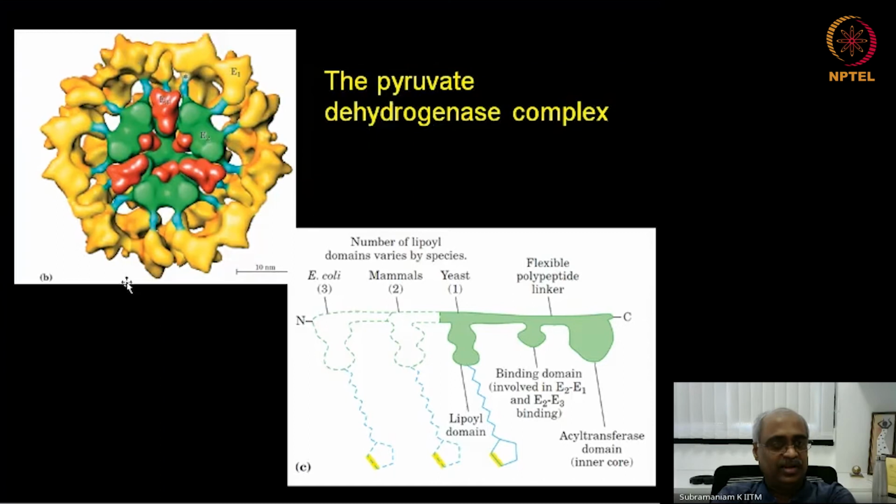One is in the outer, that is the pyruvate dehydrogenase, and then this green one is the dihydrolipoyl transacetylase, and the third one, the red, is the dihydrolipoyl dehydrogenase. So all 3 we will see when we get into the reaction itself.